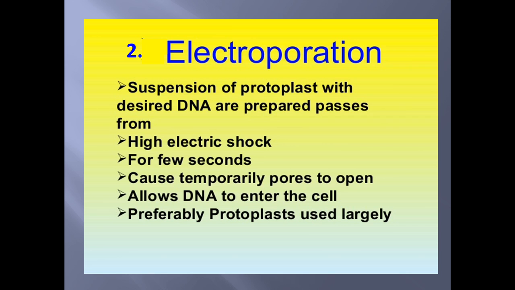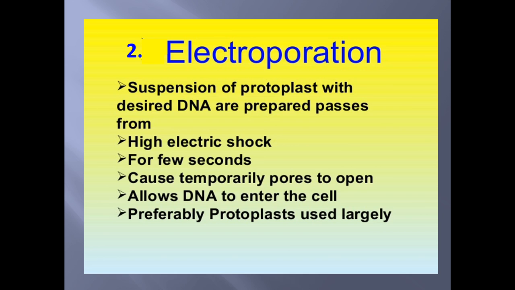And the next method is called the electroporation method. The electroporation method is also a very important method where we can easily transfer our naked DNA, or the desired DNA, into the plant.